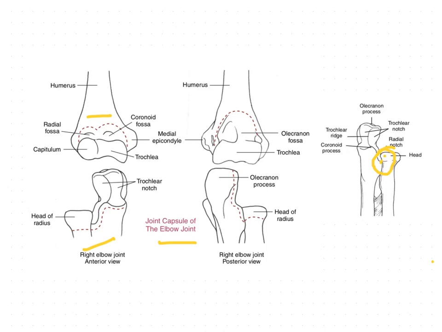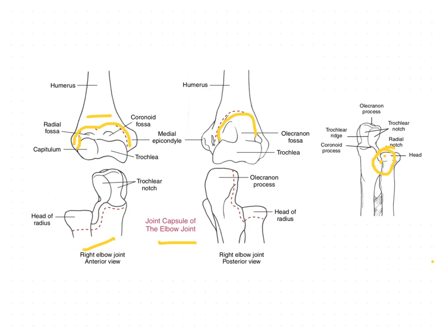And if you see the attachment on the upper part, that is above, it is attached to the medial epicondyle. Here you can see the medial epicondyle. Upper margins of the olecranon on the posterior side, upper margins of the radial and the coronoid fossa, as well as some part of the lateral epicondyle of the humerus.